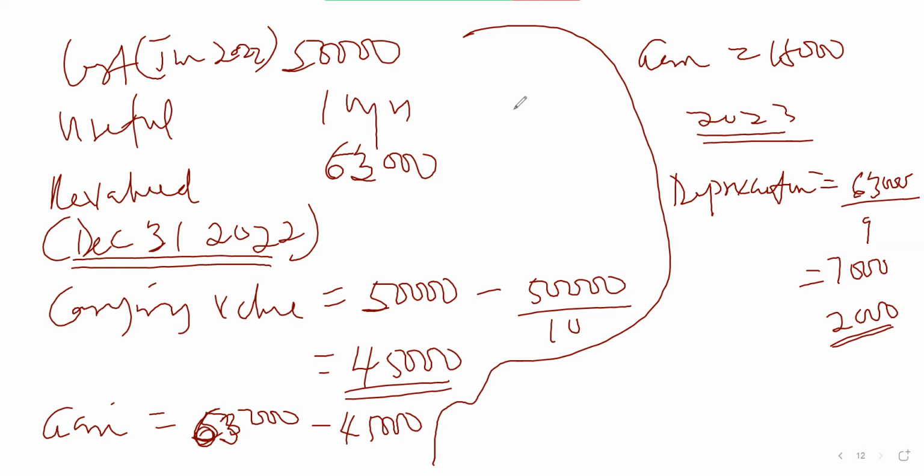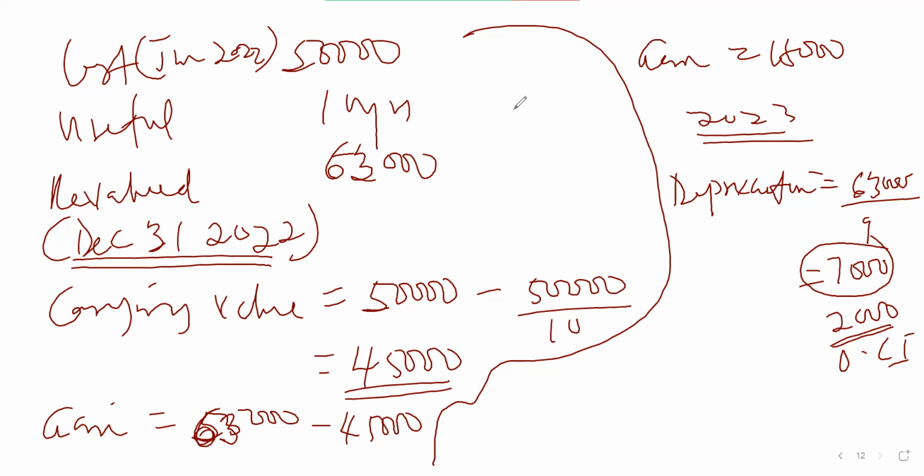It should have been treated in other comprehensive income, because it is the revaluation that is bringing the 2,000. But what we normally do is that we charge the whole depreciation to profit or loss, including the effect of the revaluation surplus.